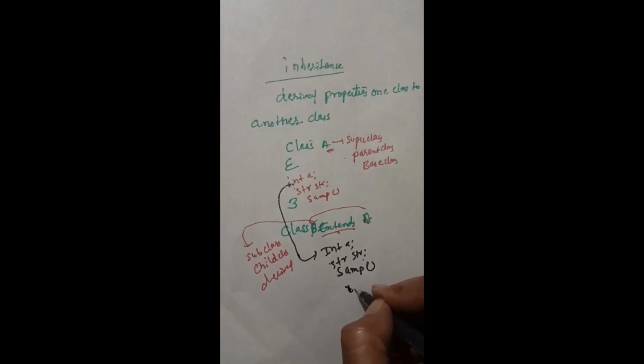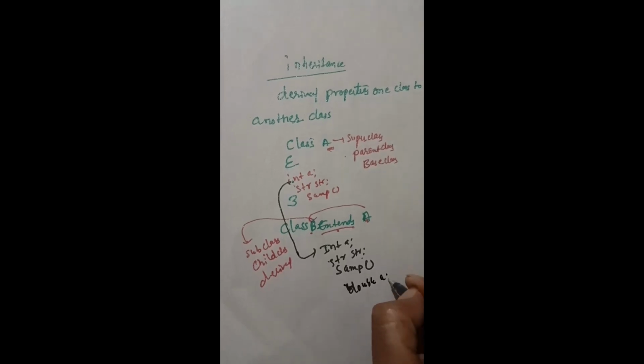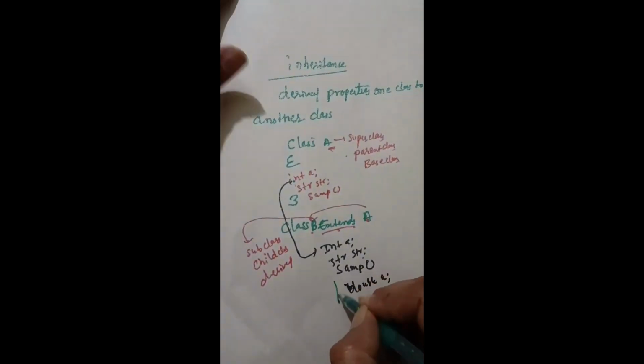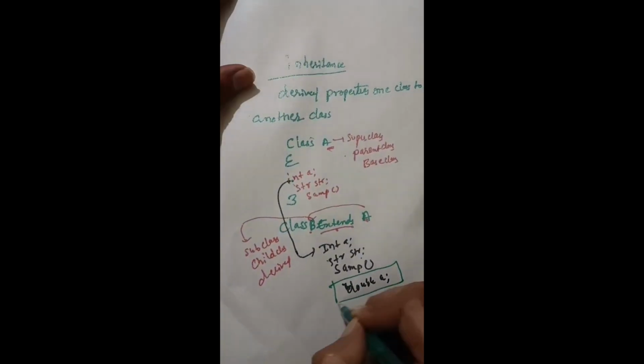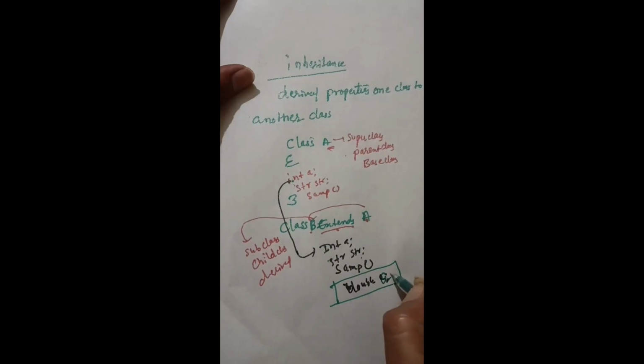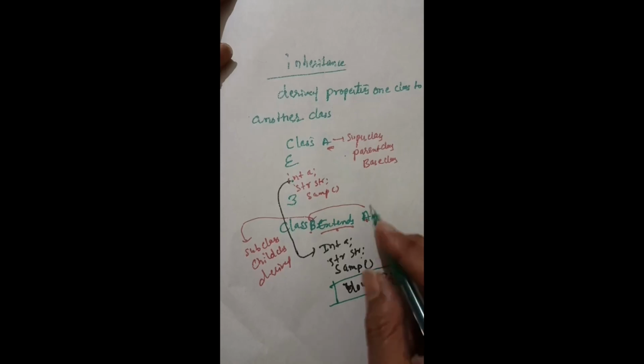Suppose we add an extra double variable in the subclass. The double variable is added in class B. This variable belongs only to class B and is not available in class A. Extra properties can also be written in the subclass.